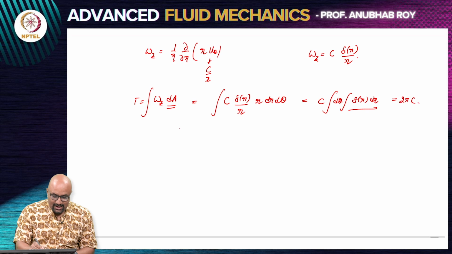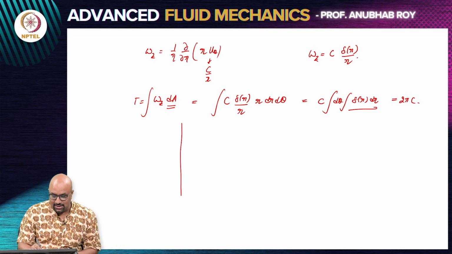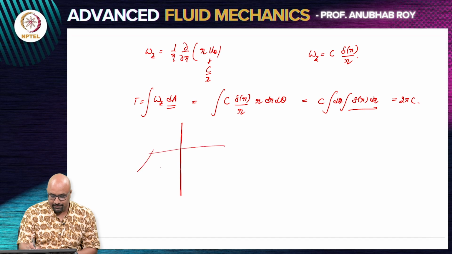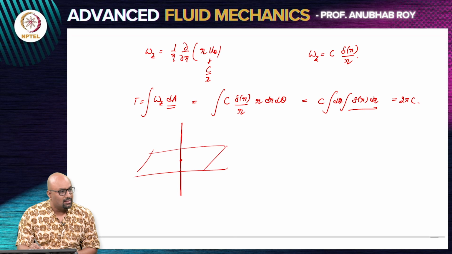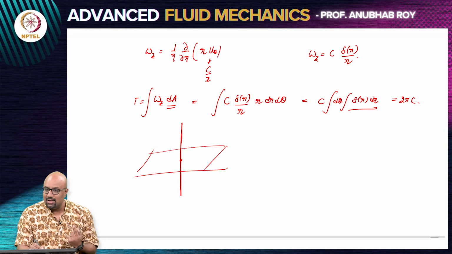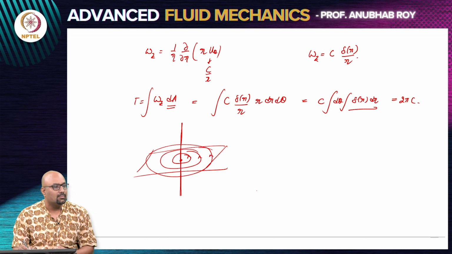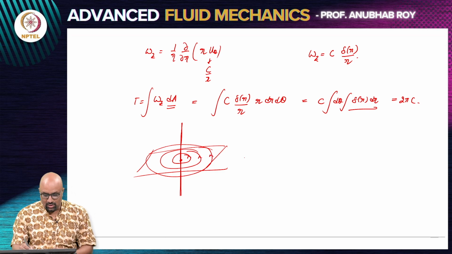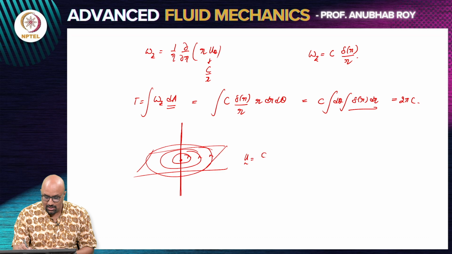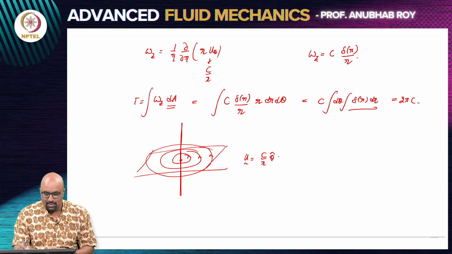So, what we see from all of this is if there is a location, so I am drawing now, this is the plane. So, there is a line where the vorticity is infinitely large. This is going to drive a flow everywhere. So, this is driving a flow which is c by R theta hat.